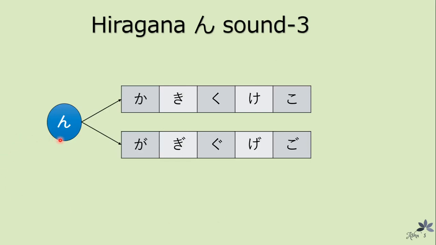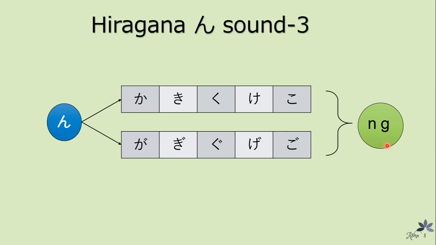Here we have the alphabet N, which comes before the Ka line alphabets and Ga line alphabets. So when N comes before the Ka line alphabets and Ga line alphabets, it should be pronounced as ng. It's a kind of nasal pronunciation.